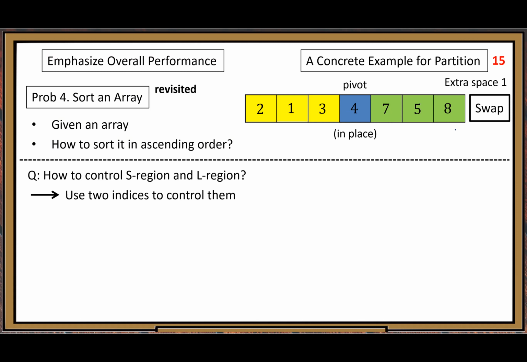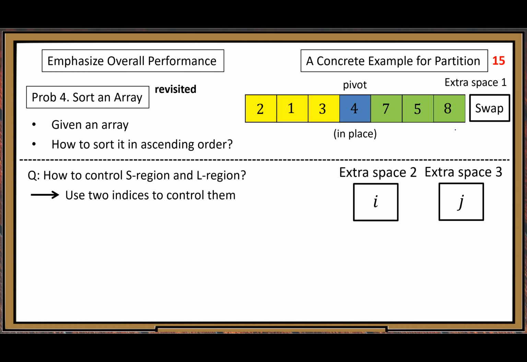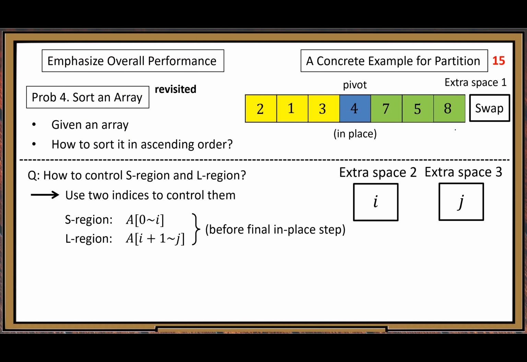We just use two index variables, the I index variable and the J index variable, to control these two regions. The S region occupies the positions of the original array from 0 through I. The L region occupies the positions from I plus 1 through J. Then we just change the values of I and J carefully to control these two regions.